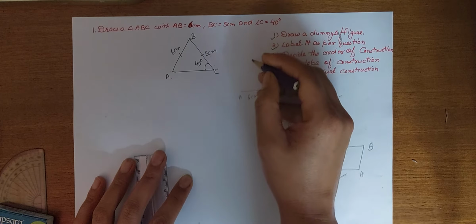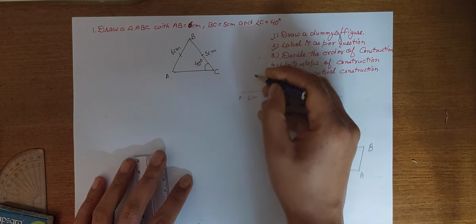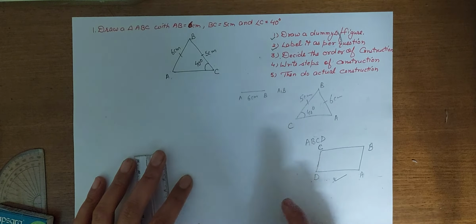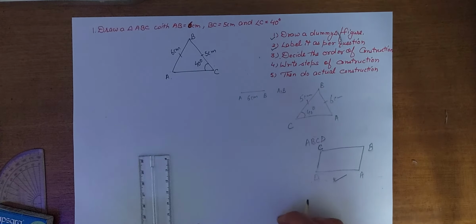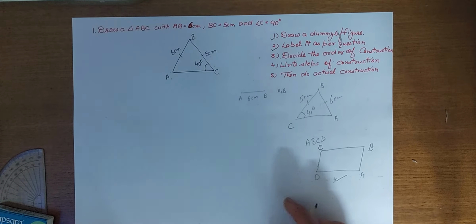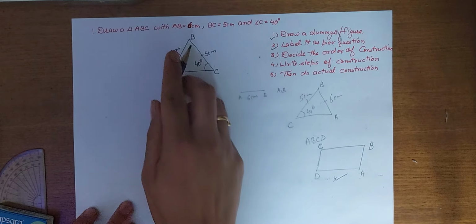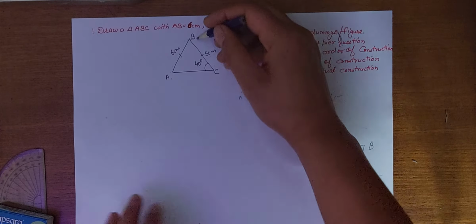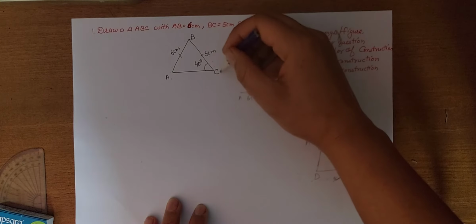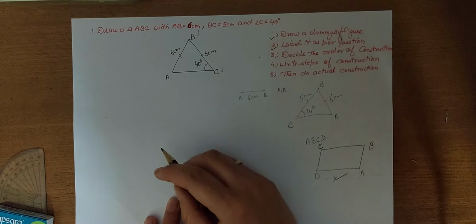Because if we take this, then your angle C might not come to 40 degrees. So you have to plan what should be the order of construction. Here, see, I cannot start with AB, but I can start with BC. How come? The moment I draw BC, B and C will already be in the scene.